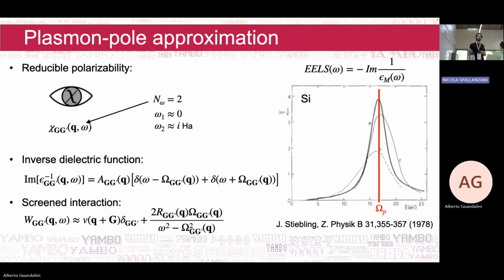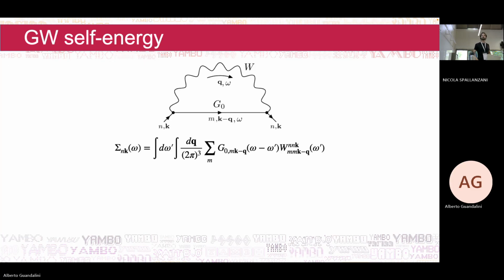It is important to note that this is done for each of the matrix elements G G prime and for each momentum transfer. While this reasoning in principle applies mainly for the macroscopic screening, so only for G G prime equals 0, still the same procedure is applied also for microscopic screening due to computational convenience.